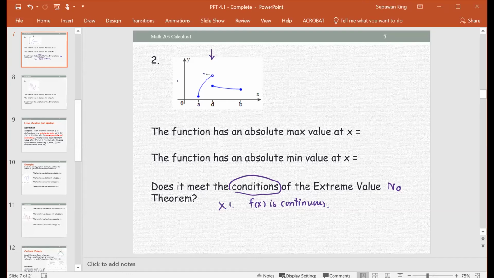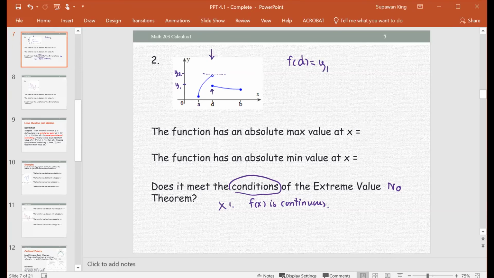It looks like the highest is supposed to be at x equals d, right? What is the function value at d though? Does it have a function value at d? The function value at d is y1, because it's defined right there.